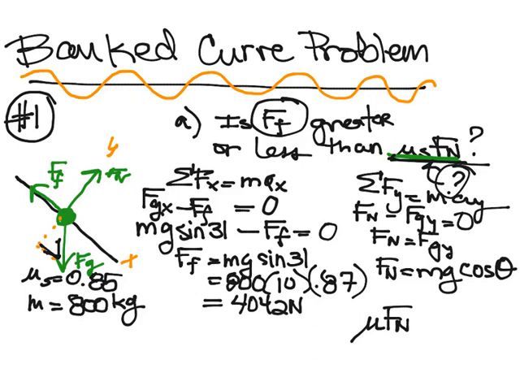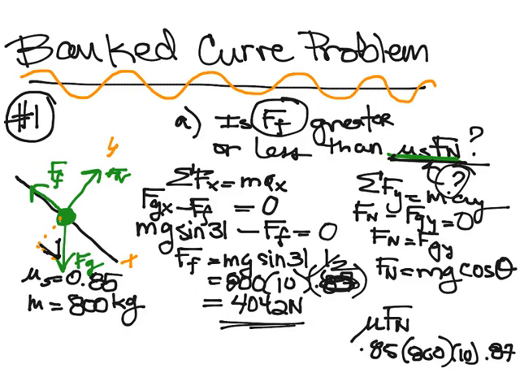We know that mu is 0.85, so we have 0.85 times 800 times 10, and cosine of 31 is about 0.87. Sorry, this sine was about 1/2. I botched that, but this number is still correct. And when we calculate that, we should get about 5,717 newtons.